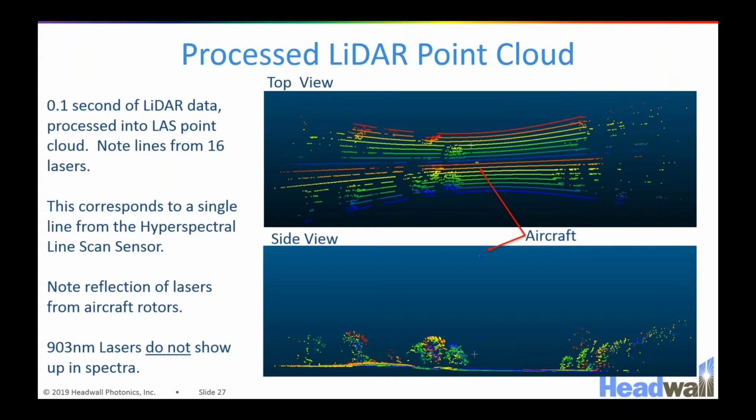Our standard LiDAR is a 16-channel system, which means it has 16 pairs of lasers and detectors that are always firing and spinning around in that bluish silver box over there. Here you can see a stripe from each of the 16 lasers. As you fly along, those lasers will gather more and more data, fill in all the blanks, and the final product will be a three-dimensional rendering of your scene.